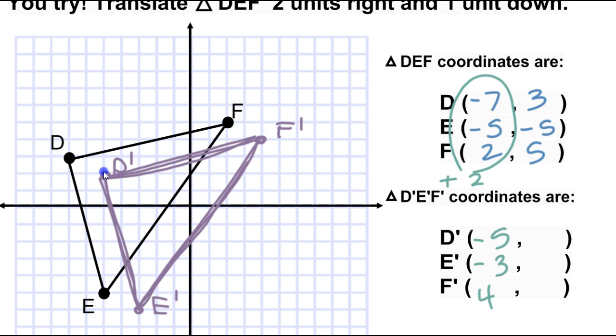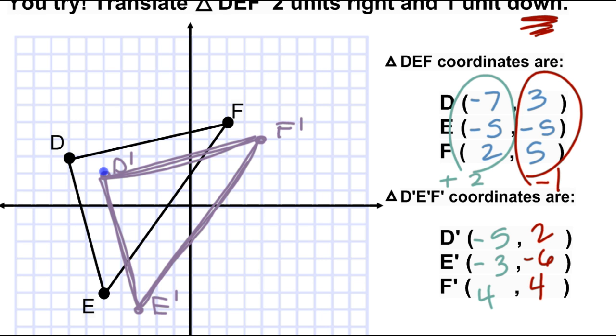Okay, what do we do to the y values? Subtract 1, because it's down. 3 minus 1. -5 minus 1. And 5 minus 1. Look good? Yes, ma'am. Move on.